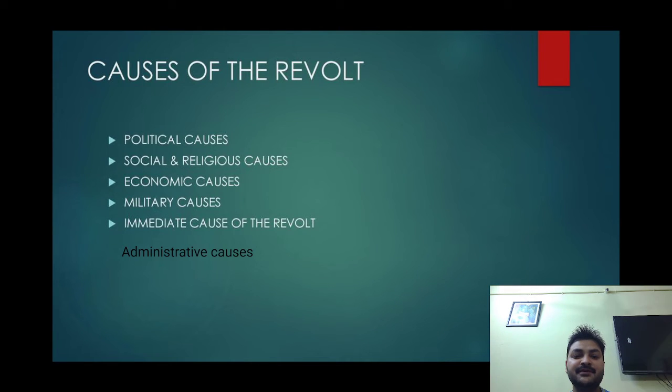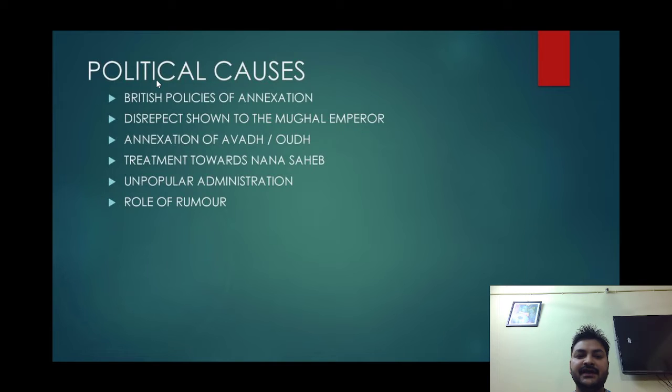They made administrative reforms. These reforms were actually made for the benefit of Britishers, and Indians were reduced to the position of beggars. Henceforth, there were some administrative causes also. There were some immediate causes also. We'll be discussing each and every cause in detail.